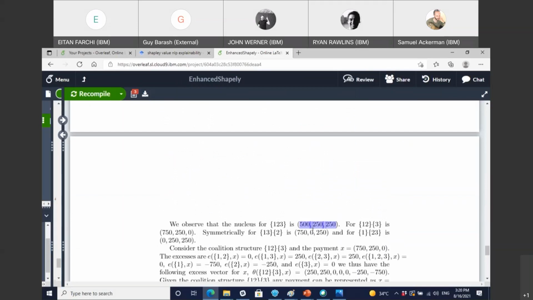If they can make 1,000 and currently are getting 750, what is the excess? Another 250. Okay. So that's the maximum excess. You can check all the different coalitions.